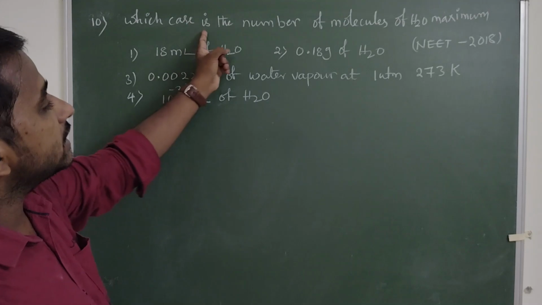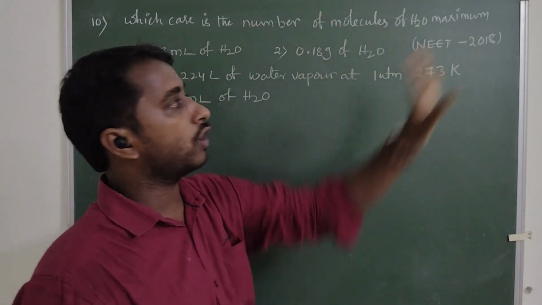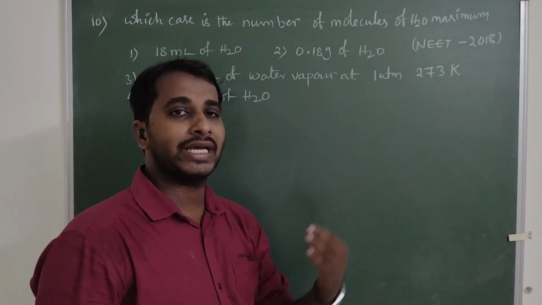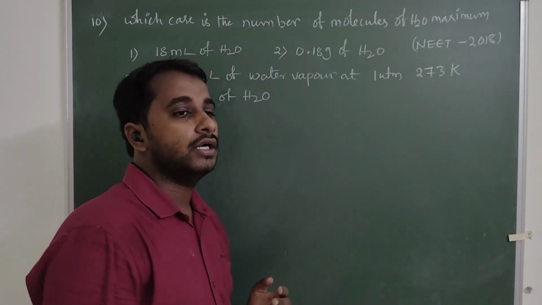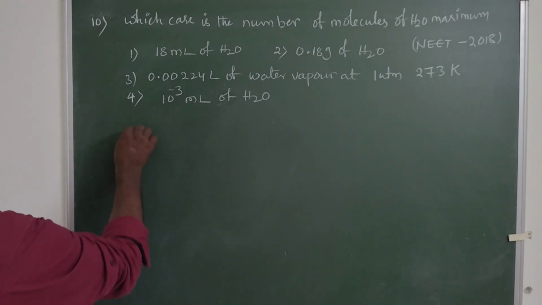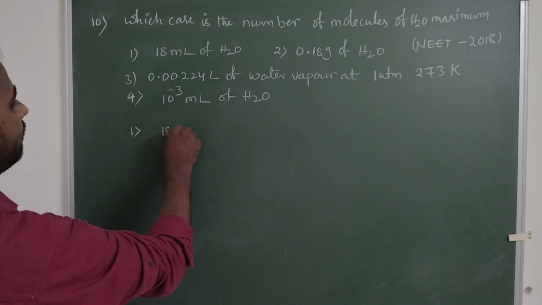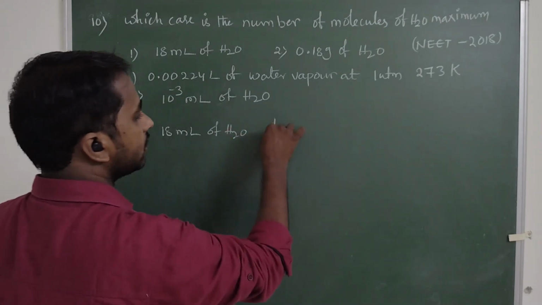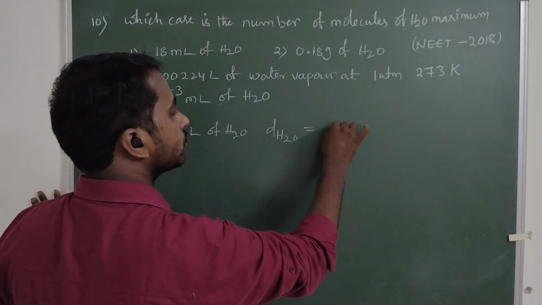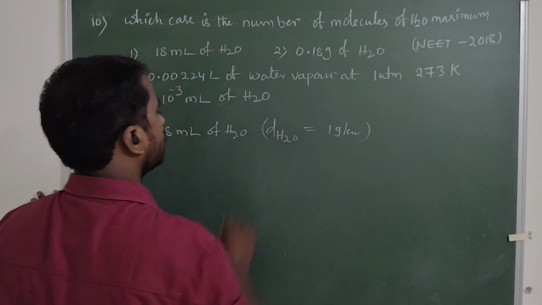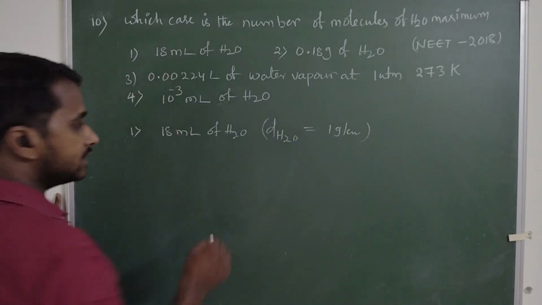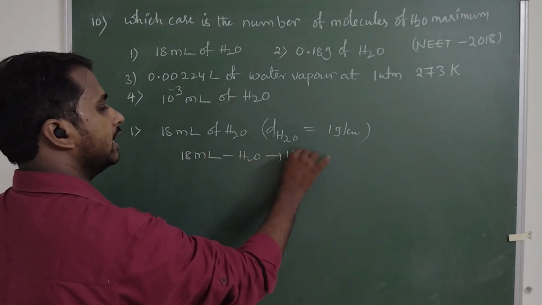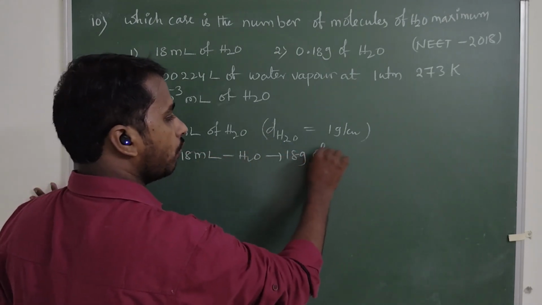The question is in which case the number of molecules of water is maximum. Again the same repeated model question: we need to calculate the number of moles for each option given. For the first option, 18 ml of water is given. Normally we can take the density of water as 1 gram per cubic centimeter, so 18 ml of water is 18 grams of water.